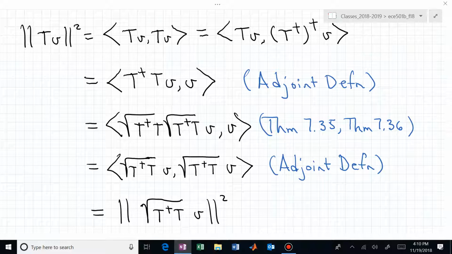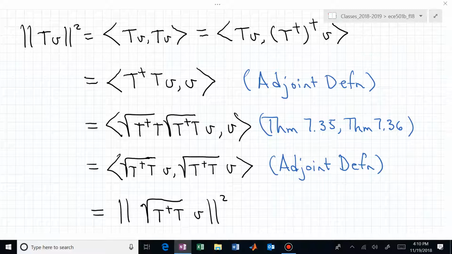And that's now, however long we are, 2 lines from the bottom in this list of equalities. We now have the norm squared of TV equal to an inner product of the square root of T dagger T V with itself. And that is the norm squared of that vector that's in one of those slots.